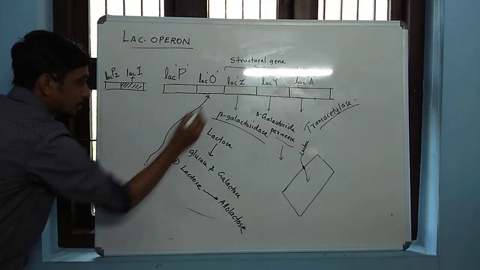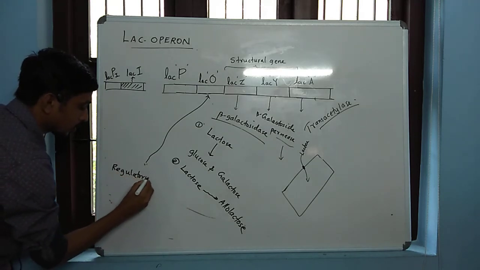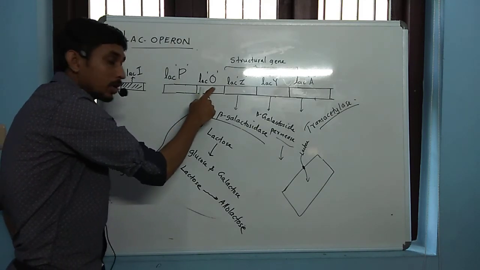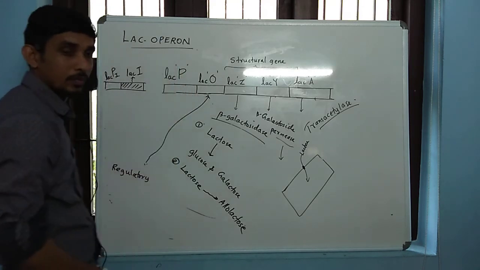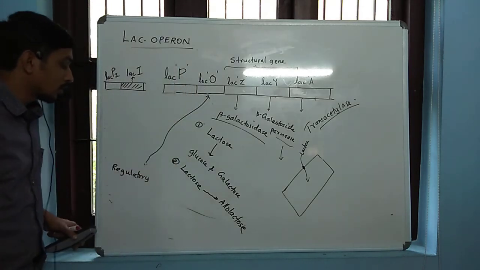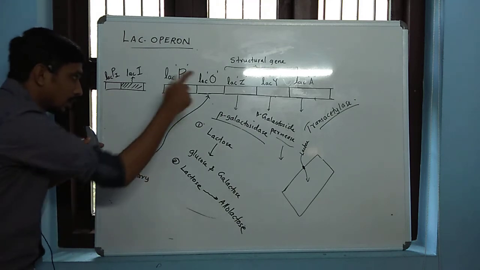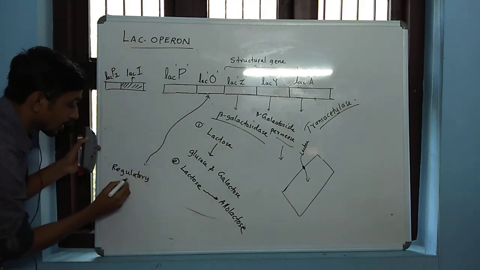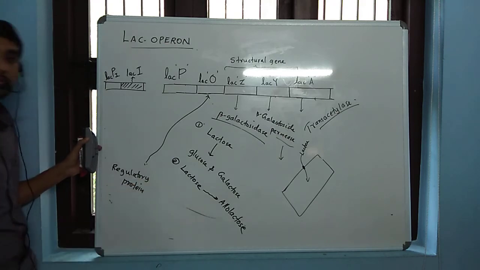The operator present in the lac operon is called lac O. O means operator, lac for lactose. So the lac operator acts as the binding site for a specific protein called the regulatory protein.